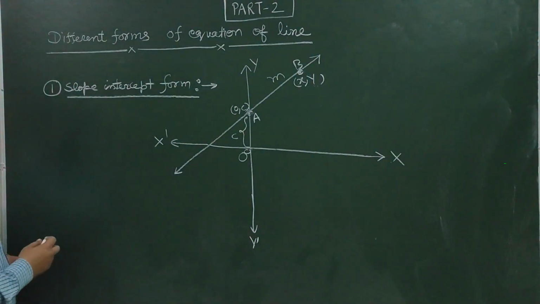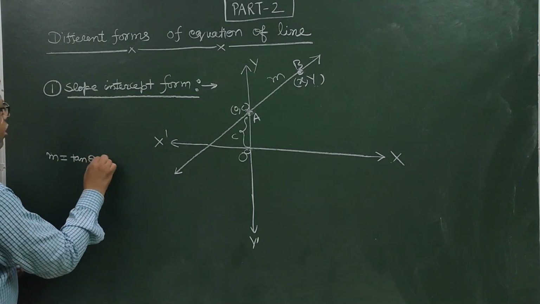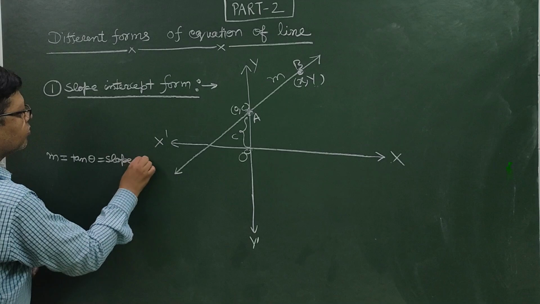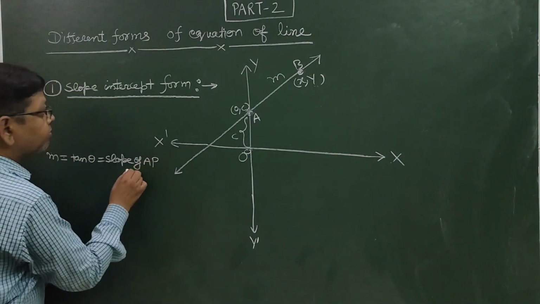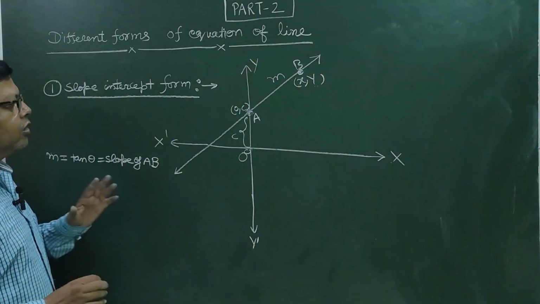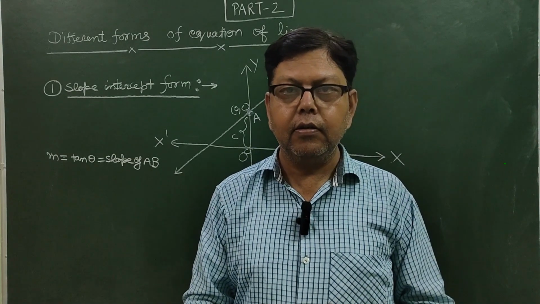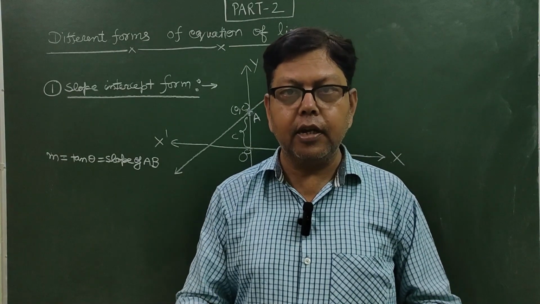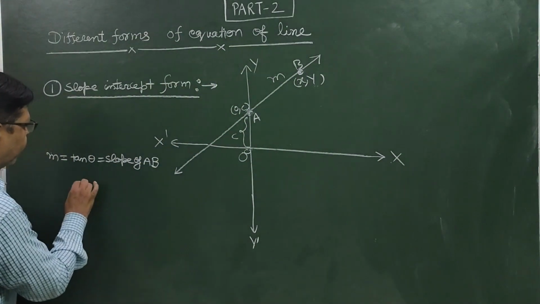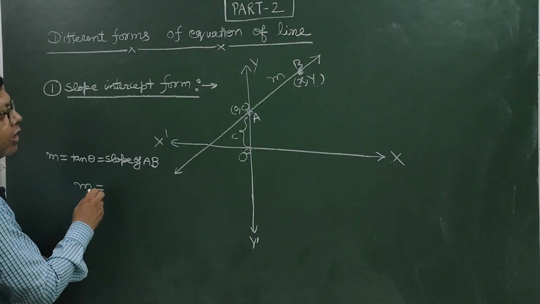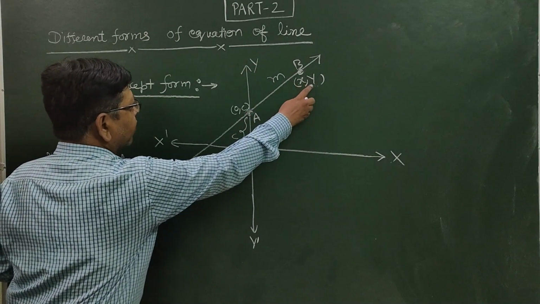Now the slope m is equal to tan theta, which is equal to the slope of AB. And as I told you, the slope of a line in terms of the coordinates of 2 points is the difference of y coordinates divided by the difference of x coordinates. Point A has the y coordinate c and point B has the y coordinate y.